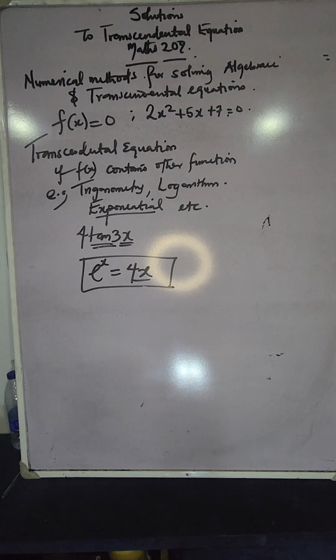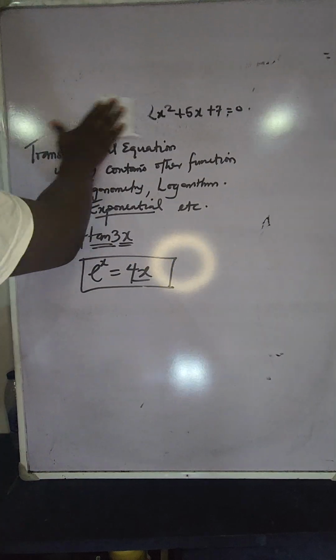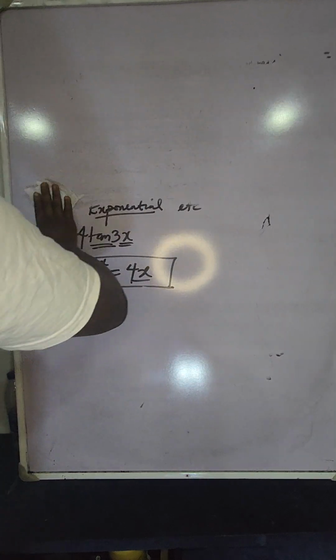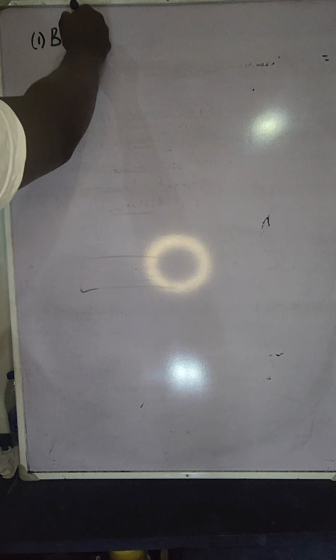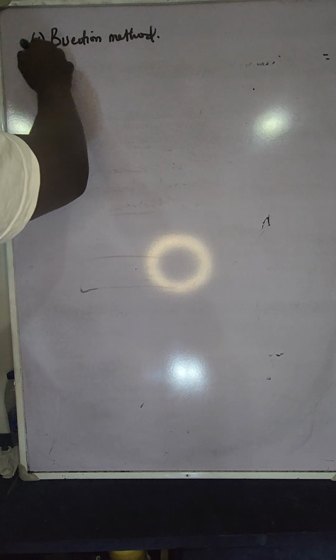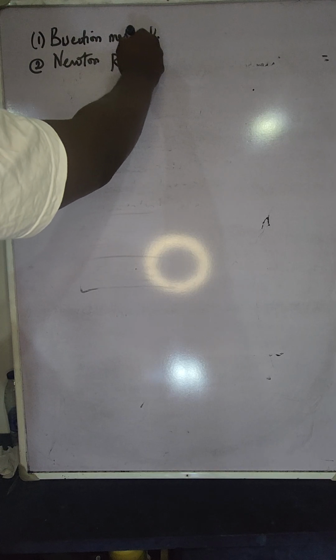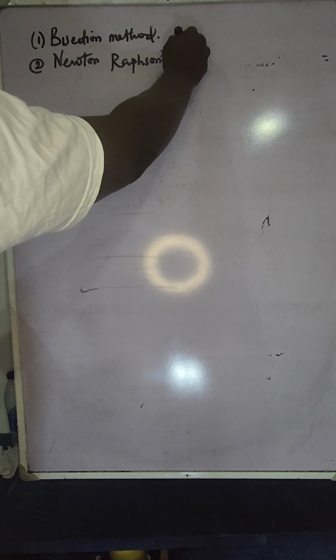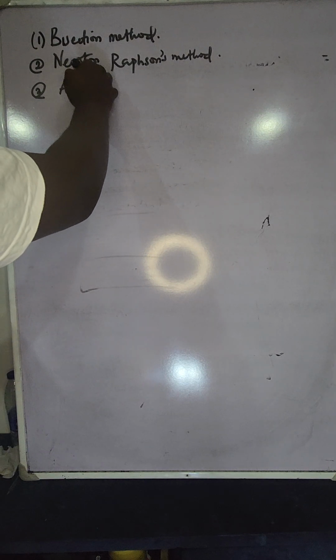So today, without wasting much of our time, we'll be looking at some methods. There are several methods that we use to solve transcendental functions, one of which is the bisection method. We can also use the Newton-Raphson method, and Aitken's method.